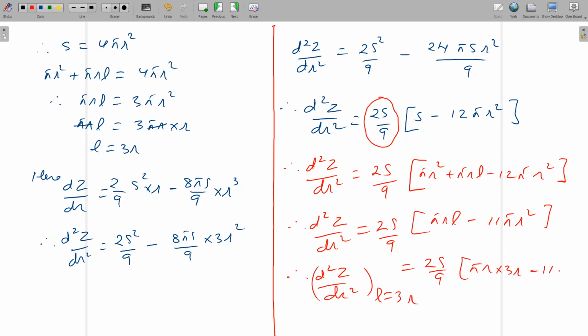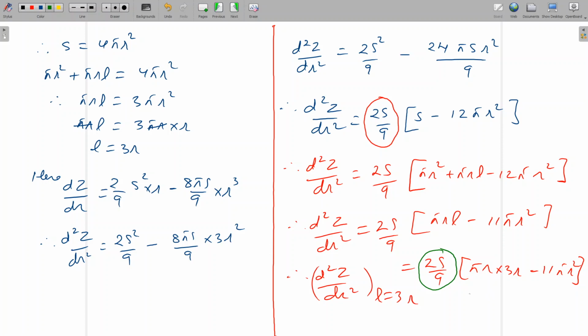So what we are getting here is, 2s by 9 is already positive, and here we will get 3 pi r square minus 11 pi r square, that will become minus 8 pi r square.